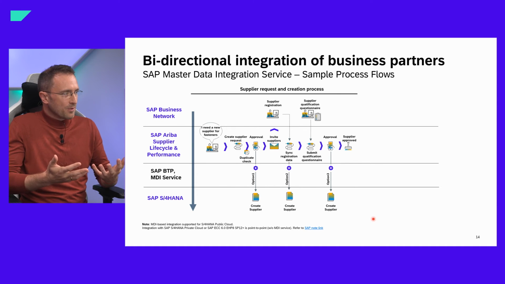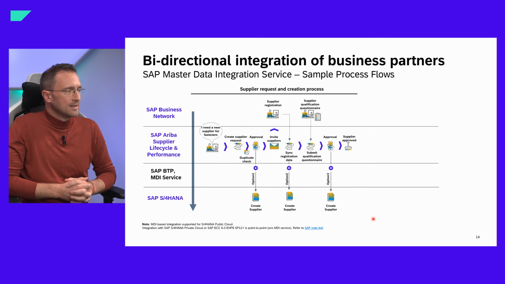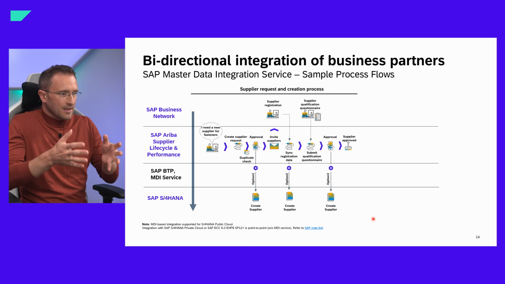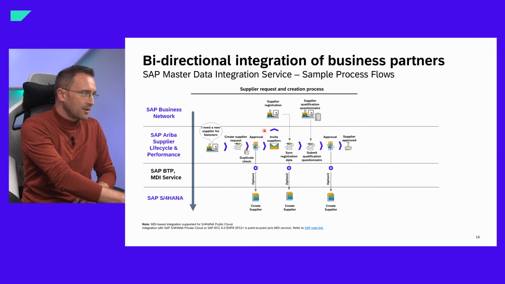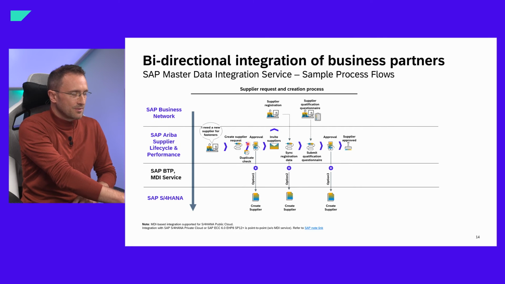Technically, it would be possible to realize this either within Ariba SLP or within S/4HANA. In this case, the customer decided to use Ariba SLP, and that's the gate, the entry point for the supplier requests. The supplier request obviously ends up with a duplicate check, because you want to avoid having duplicates. At the end, you could put an approval.